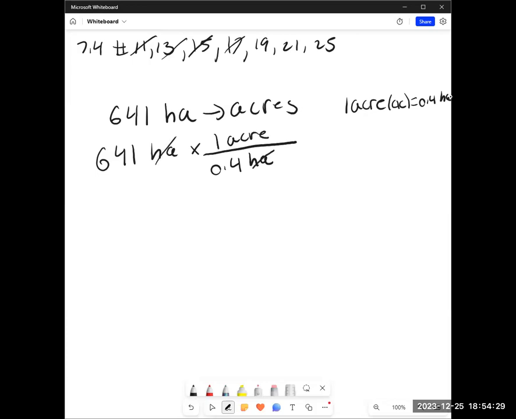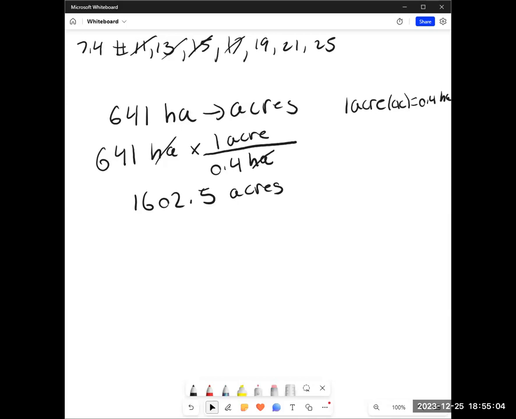Hectares go away. Dividing by a number less than 1, so I expect this number to get bigger. 641 divided by 0.4 is 1602.5 acres. And that's good. We were told to round to the nearest hundredth, but it has fewer place values than that.